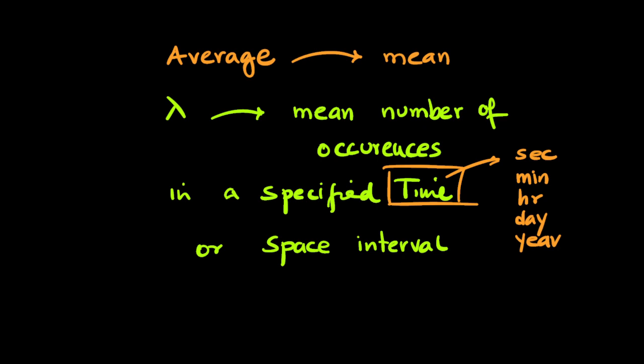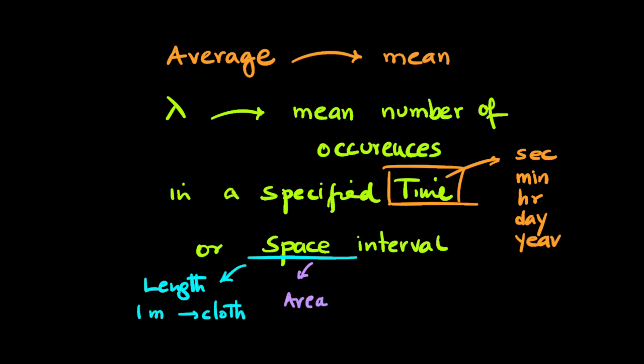And if I talk about space interval, it could be in terms of length, like we just talked about a meter length of cloth. It could be about the number of particles in a particular area. For example, the number of seeds in 10 meter square area of a field. It could be about volume.